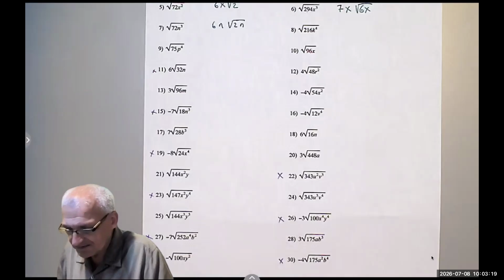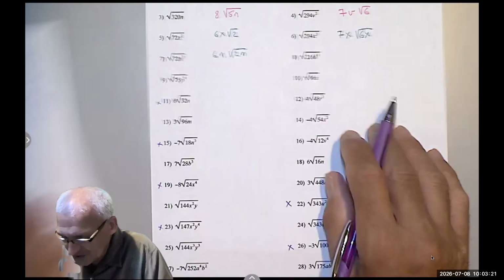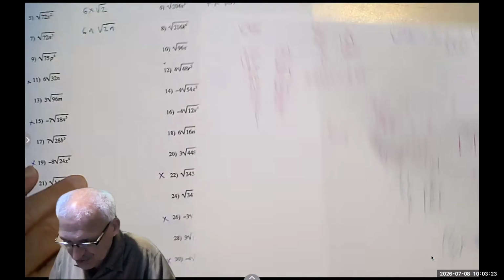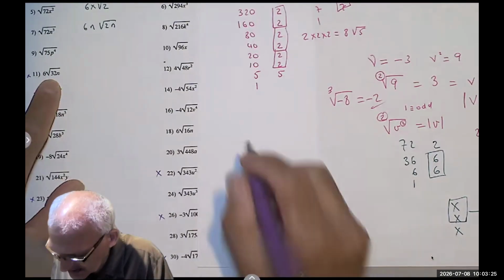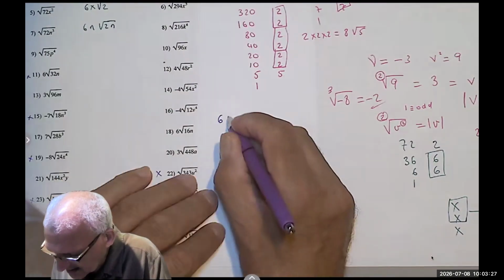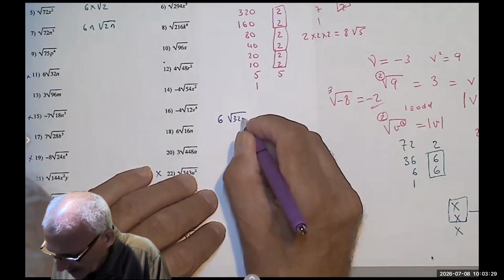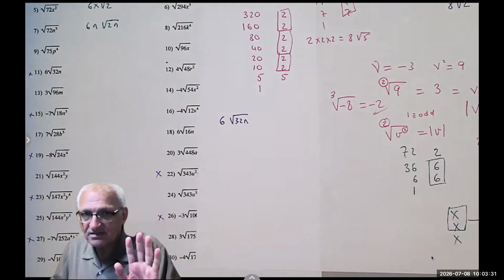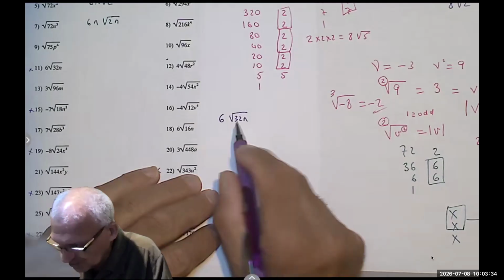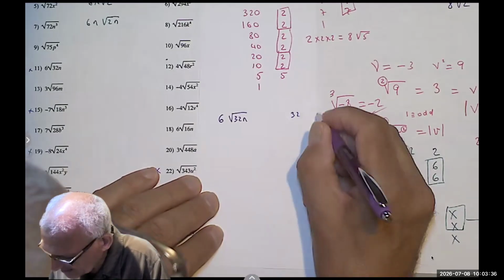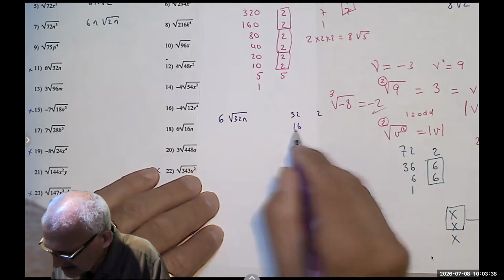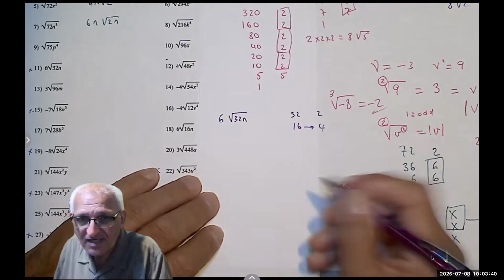Okay, let's do these. Square root of 32. You should know that this is 2 times 16. But if I have 6 times the square root of 32n, the n stays, right? Because it's a single n. There is no n squared. I'm worried about the 32. 32 divided by 2 is 16, but 16 goes out as 4, just to save time.